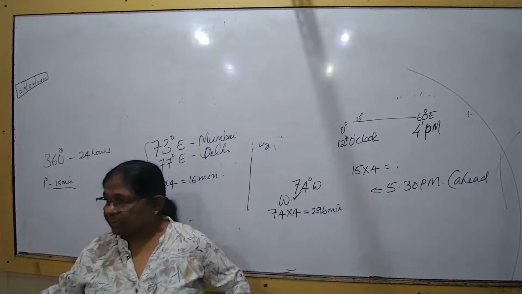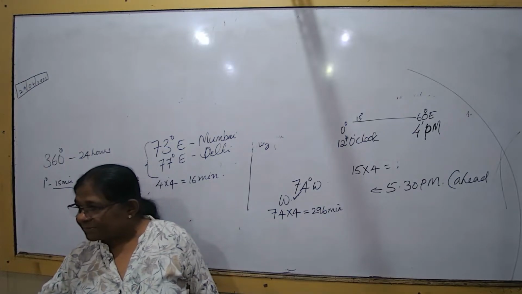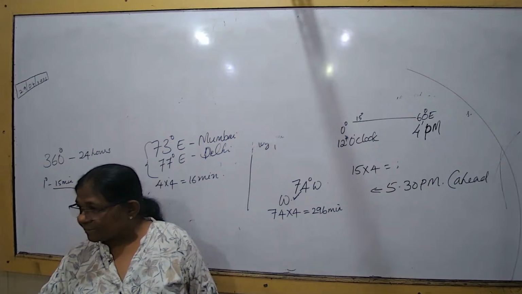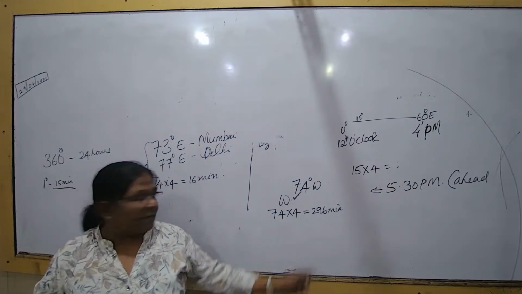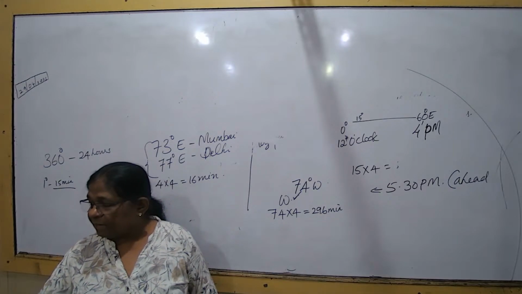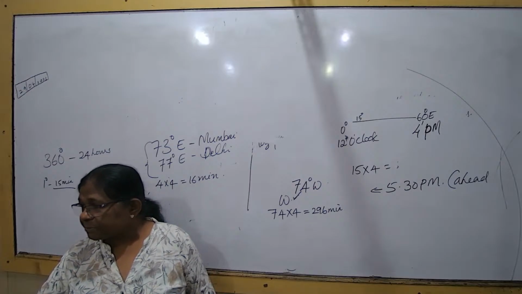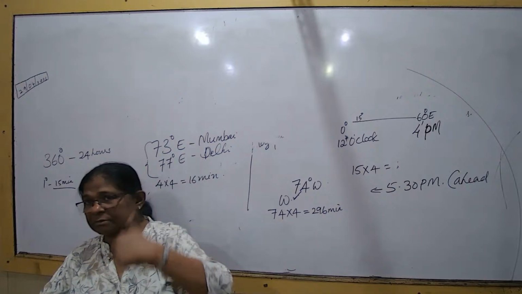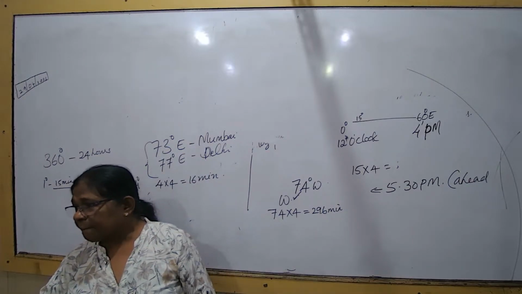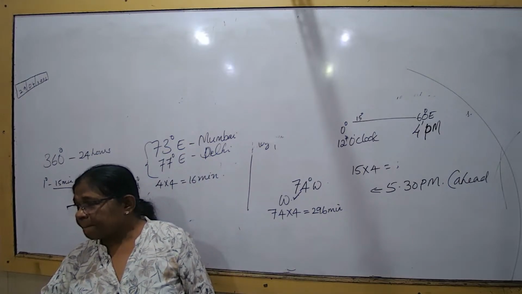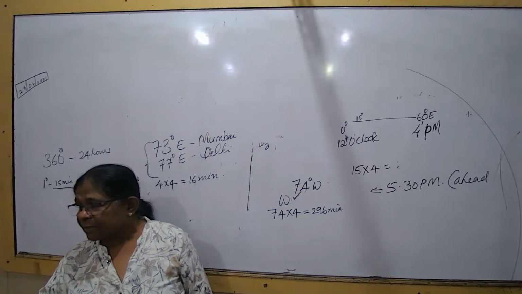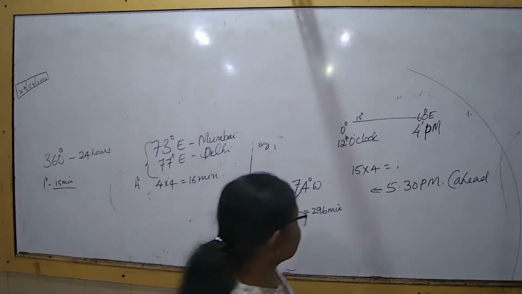You are having that mental calculation, no? You are good in Vedic maths. Then 296 minutes, convert into hours. How many minutes are constituted in 1 hour? Ma'am, 2 hours 56 minutes.